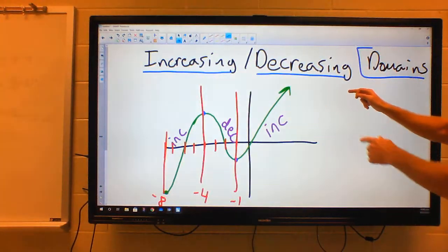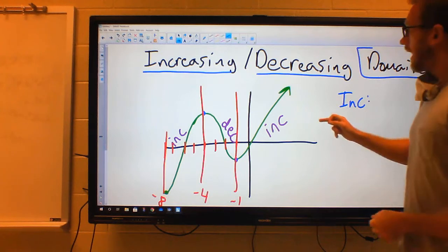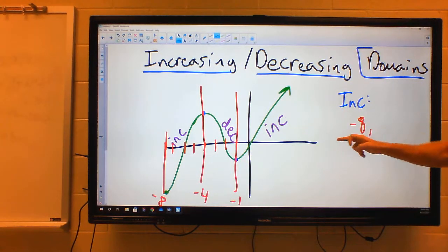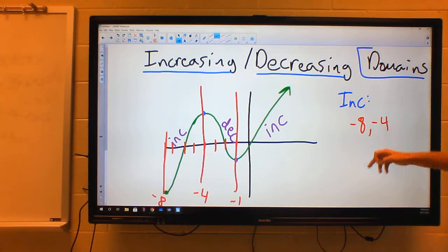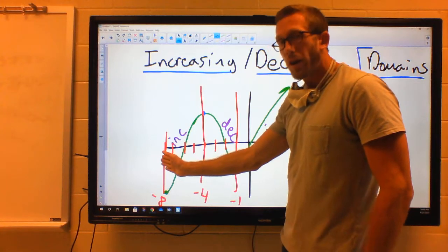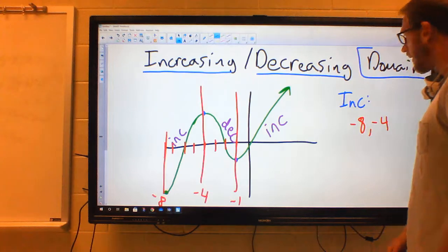So we're going to first label that first interval, an increasing interval. It started from negative 8 and it went to negative 4. And we're not saying what height did it start at and what height does it end at. We're saying what left side does it start at, negative 8, and where does it end on the right, at negative 4. Okay?